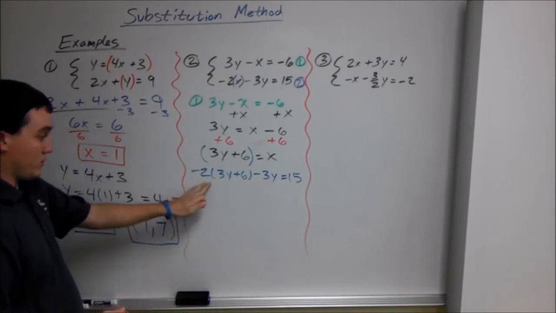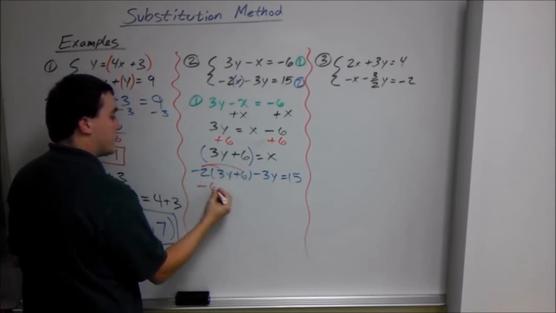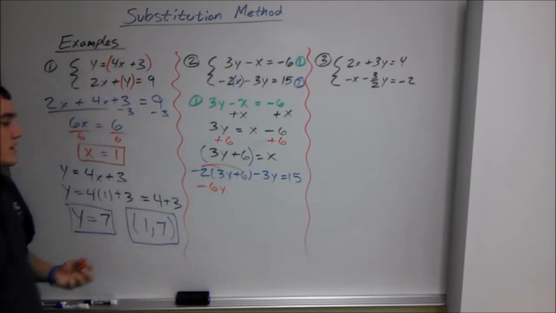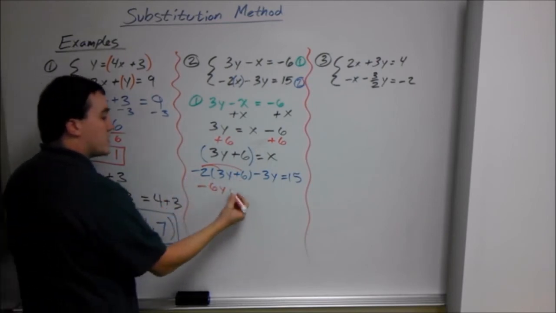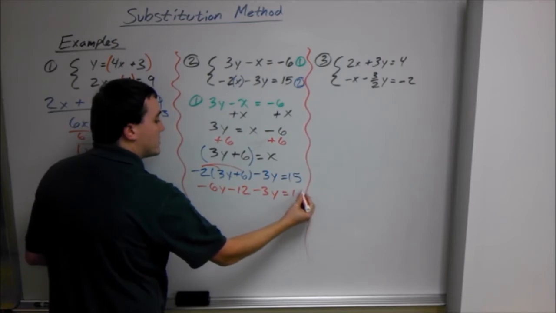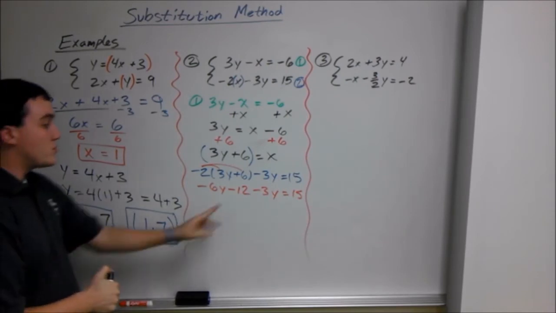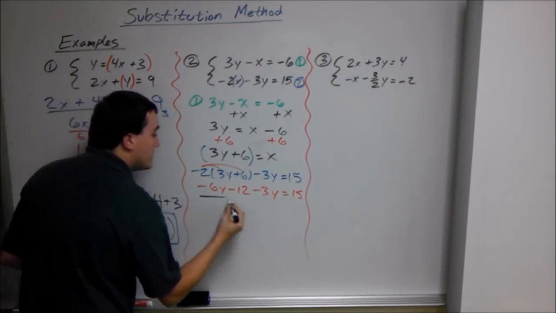Now we distribute. That becomes negative 6y, because negative 2 times 3y is negative 6y. Negative 2 times positive 6 is negative 12, so minus 12 minus 3y equals 15. Add like terms, and at the same time we can move the 12 to the other side.